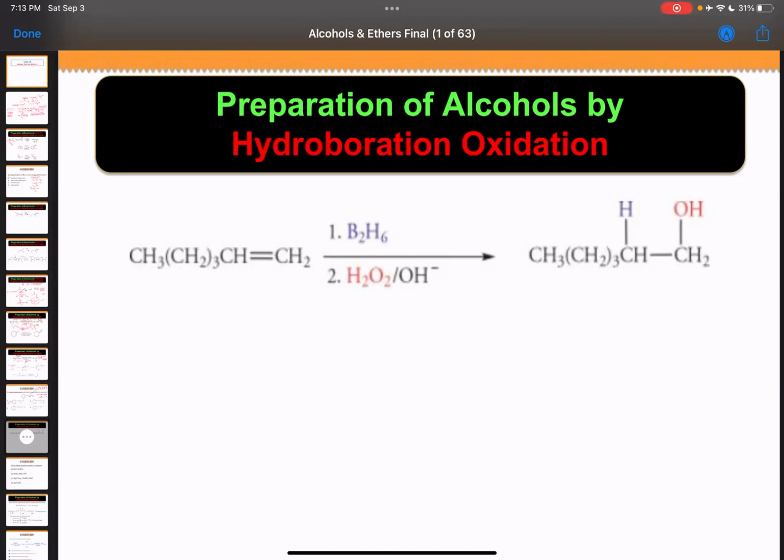That was Markovnikov addition. First was Markovnikov addition with rearrangement, then oxymercuration, demercuration, in which you take mercuric acetate and NaBH4, OH minus. That was Markovnikov addition, but there was no rearrangement happening.